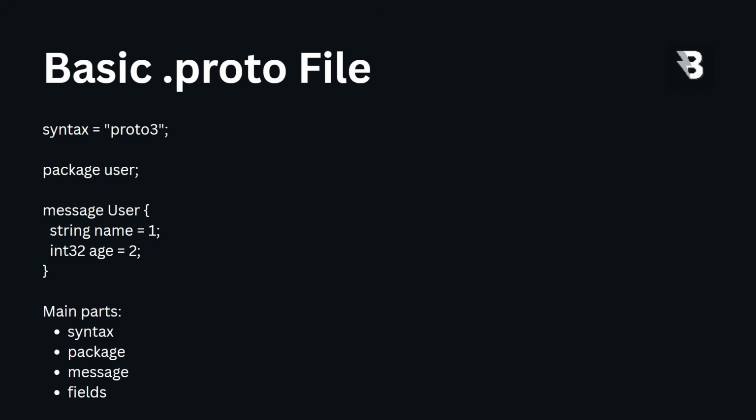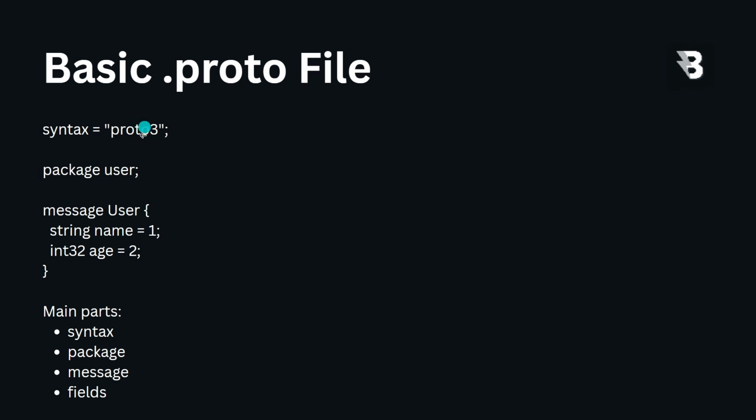Next, what are the basics of a .proto file? Right here, this shows us what goes inside a .proto file. We start off with the syntax, and as of this time, the latest syntax is proto3, so that's what we declare. Then we need a namespace by declaring a package, for example, package user.